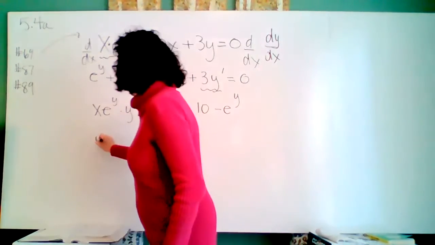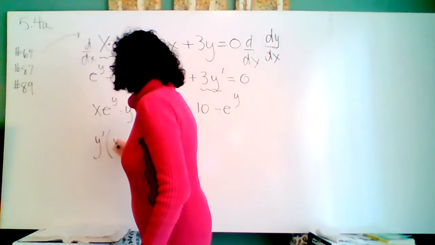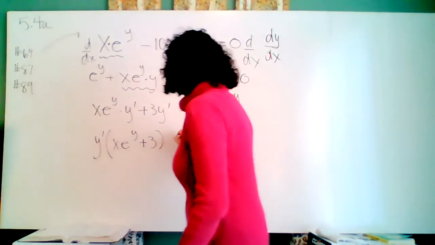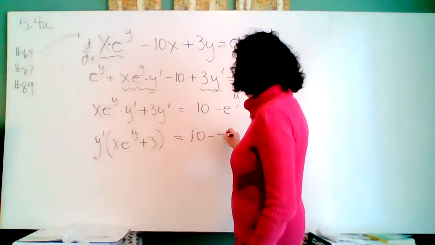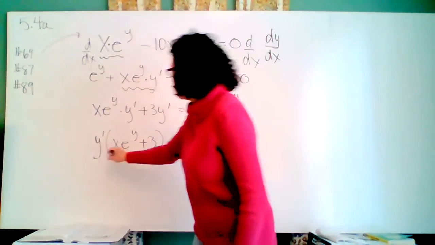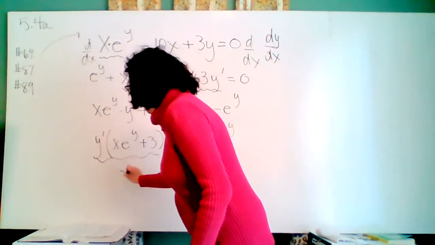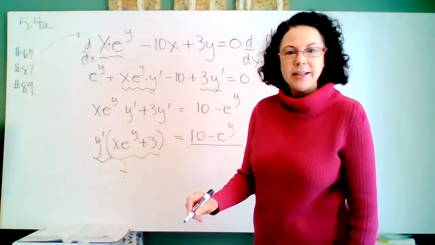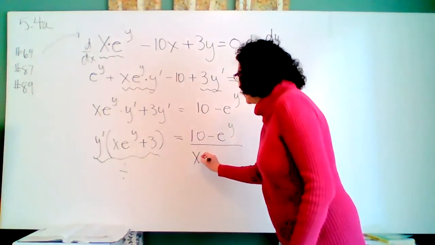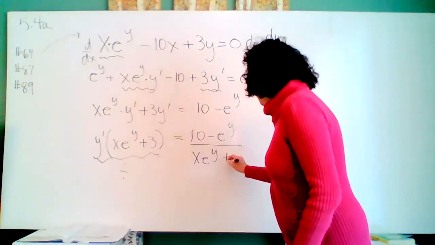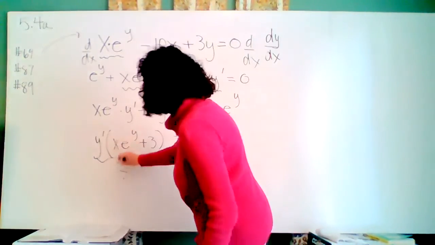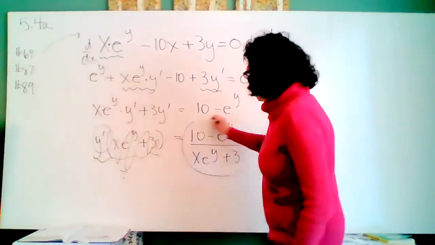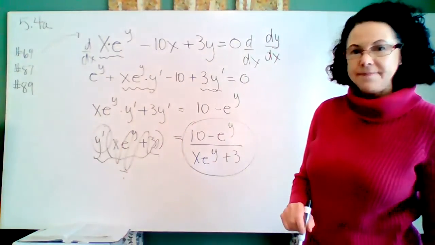Now I can factor a y prime from the terms on the left. And then to get y prime alone, I'm just going to divide by the term above. I just don't feel like writing it twice. There we go. So this would cancel when I divide, and I would get y prime equals this expression.